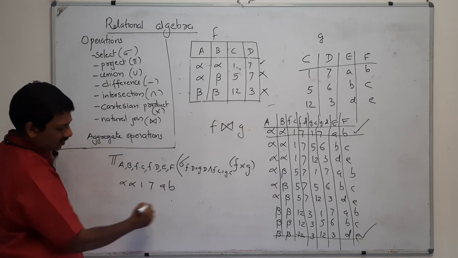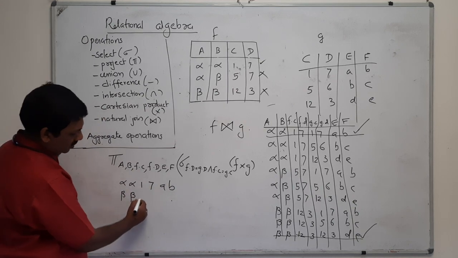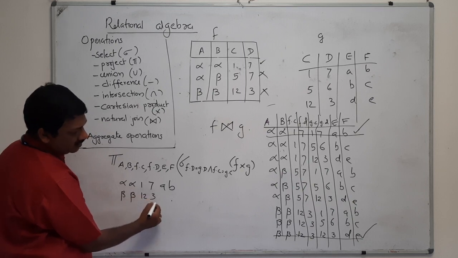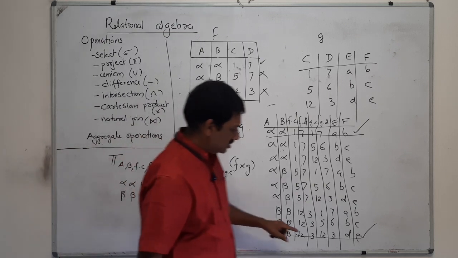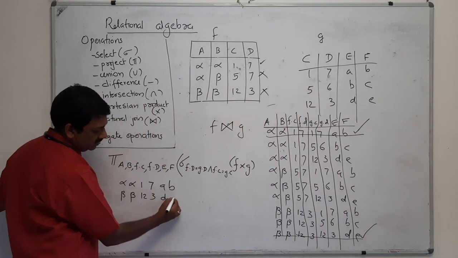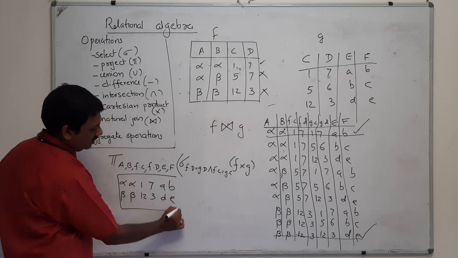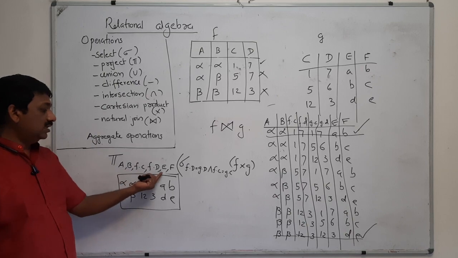Now what about the other one? Beta, beta, last one, 12, 3, and D, this is DE. So this is the result. And the heads are A, B, C, D, E, F.